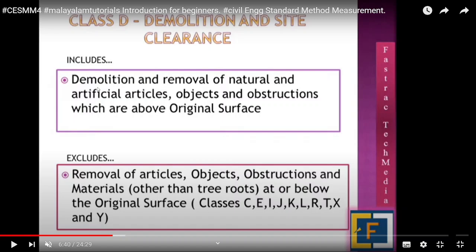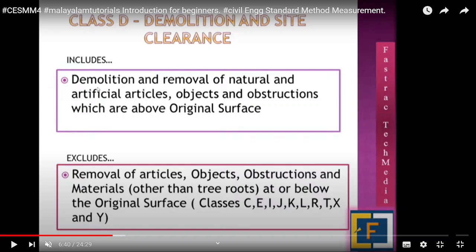So class D, what is included? So the rate will be different in the BOQ. Contractually, the rate will be different. Suppose you are a site engineer, you have to remove an electrical post or a footing which is already there.